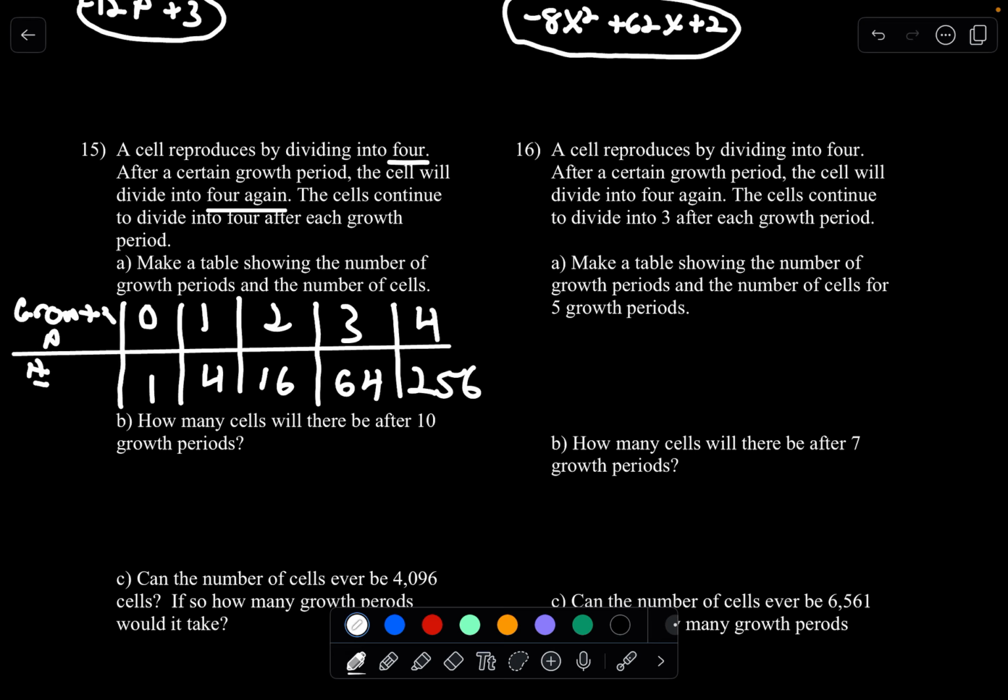That would be the sixth growth period. So 5 was 1024. 6 was 4,096. 7th is going to be times 4 again, 16,384.